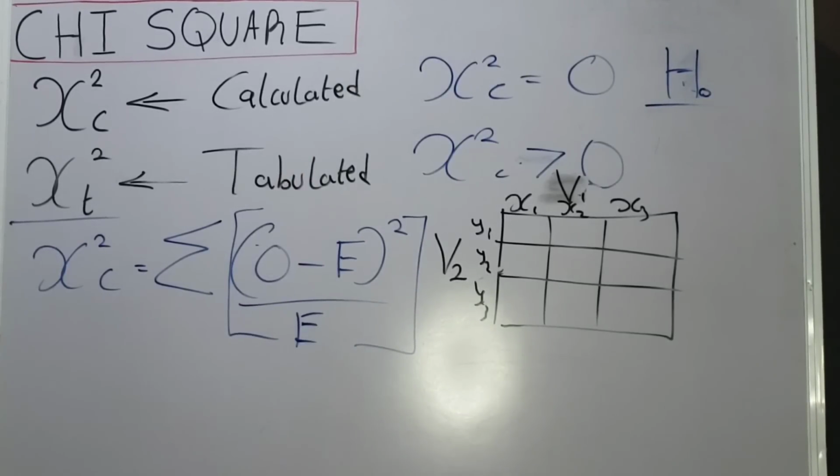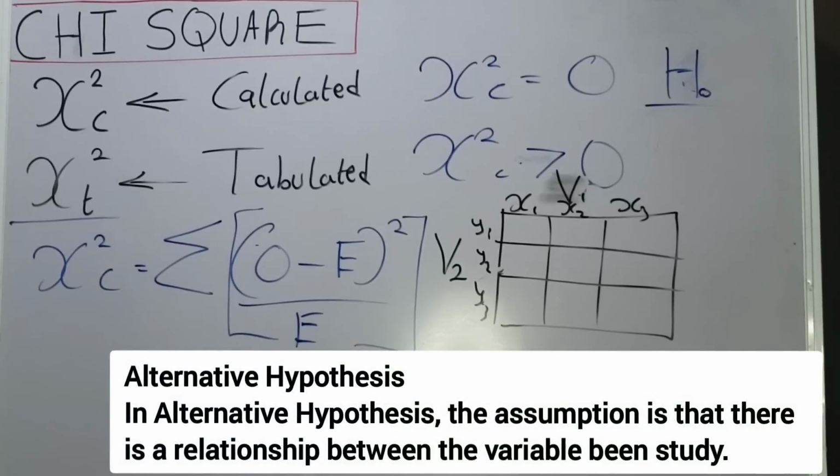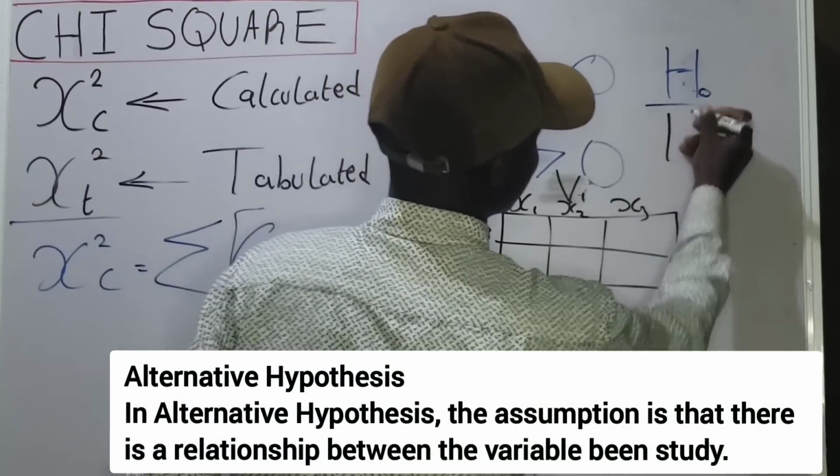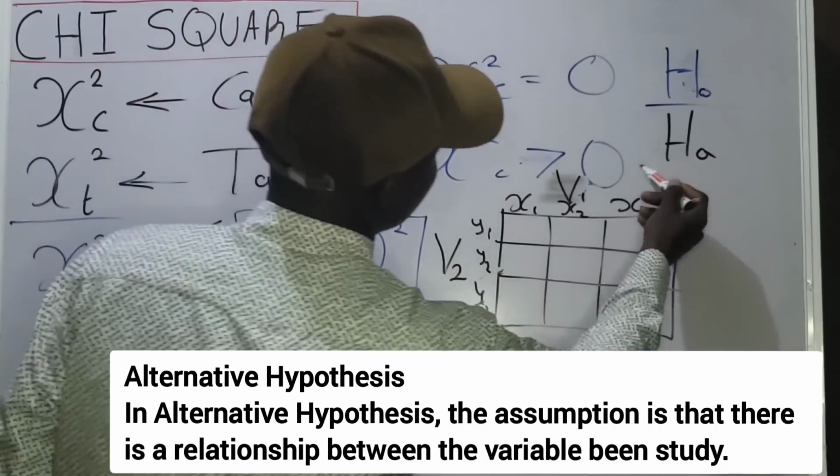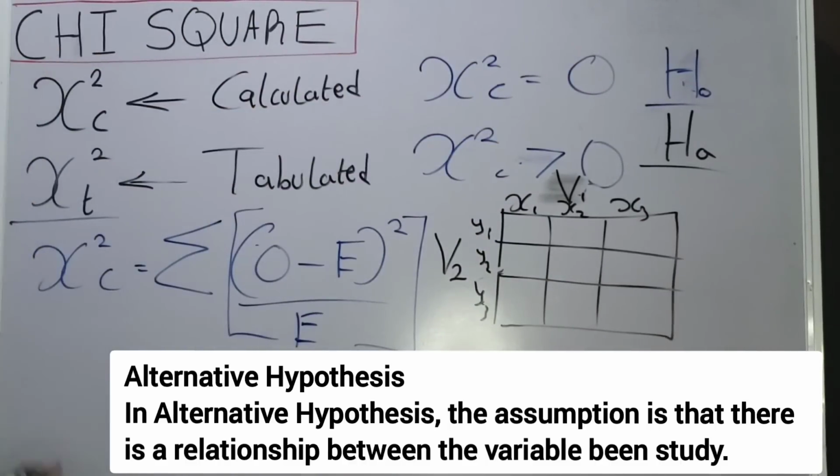Now, the second hypothesis that we're going to talk about is the alternative hypothesis. Let me just give you the symbol. The alternative hypothesis is represented by HA. In this hypothesis, the assumption is that there is a relationship or effect between the variables being studied.